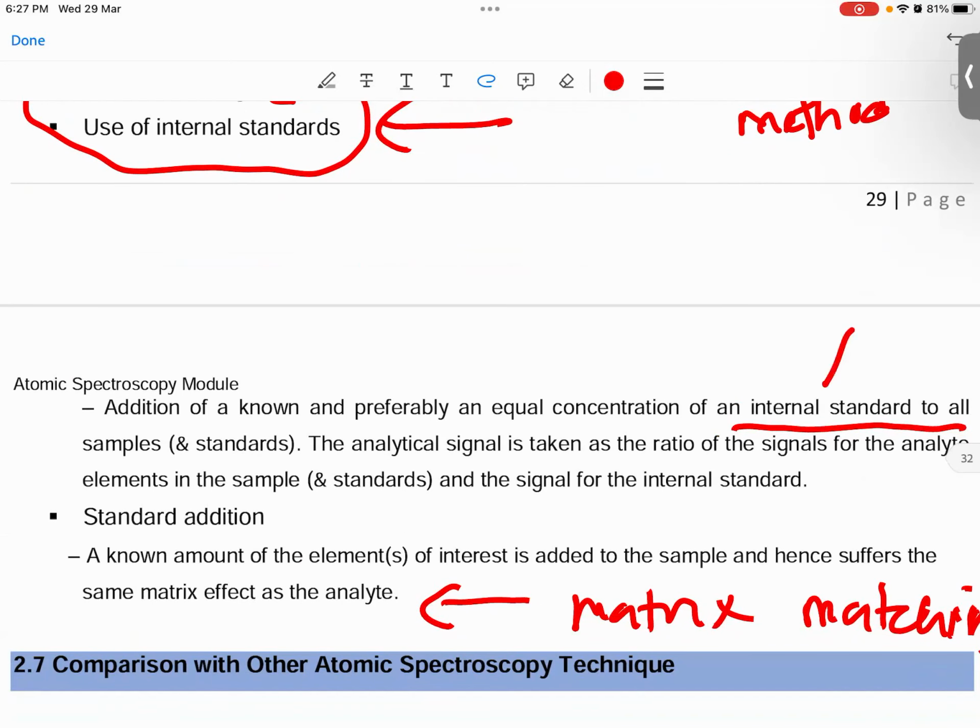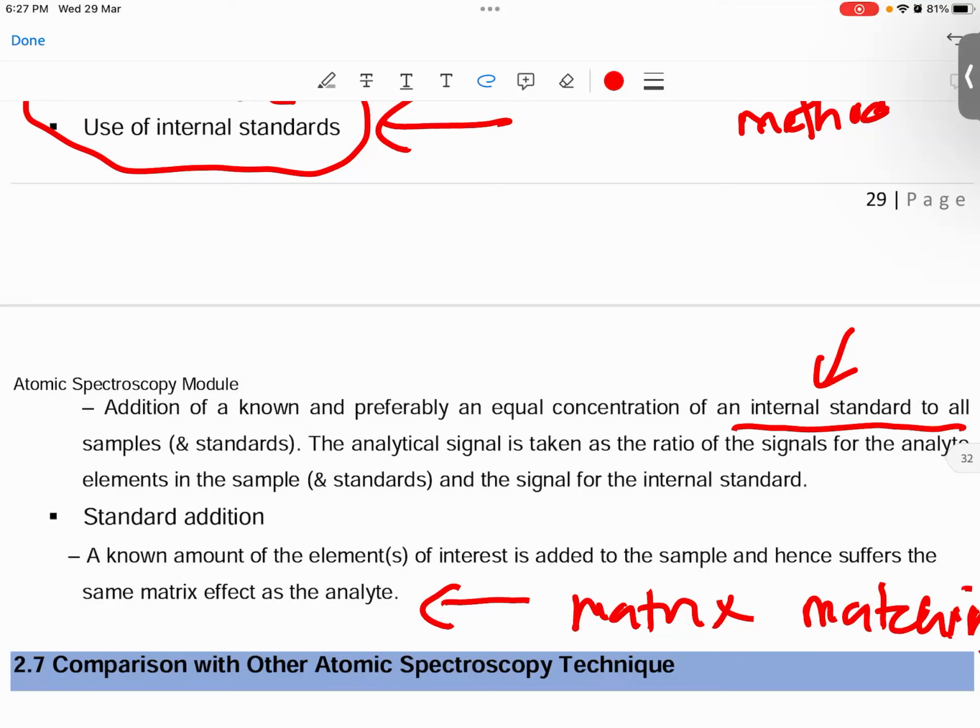You can buy internal standards. This is quite common. For example, if you want to run calcium and magnesium, you need to buy internal standard for calcium and magnesium, and you add it to the standard solutions that you are preparing.